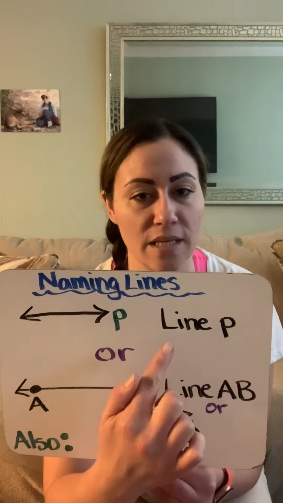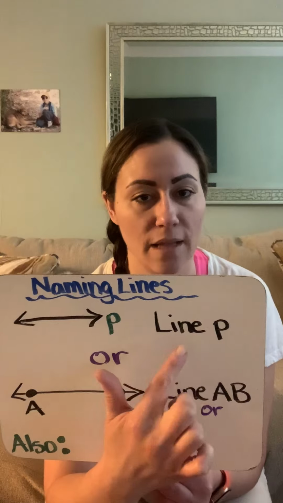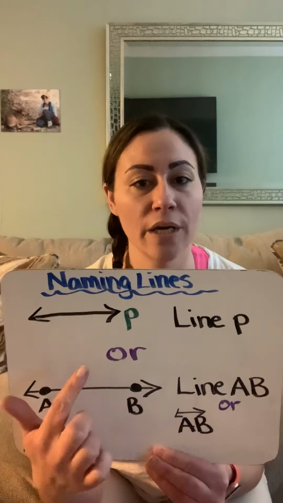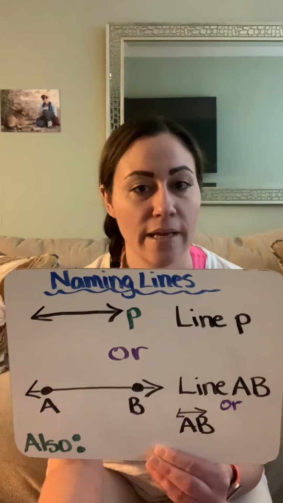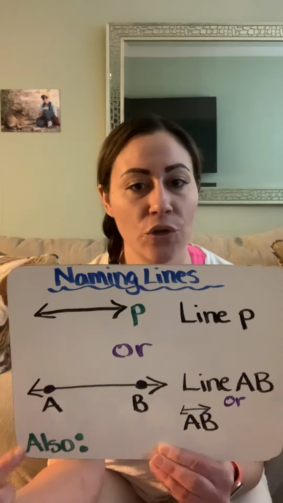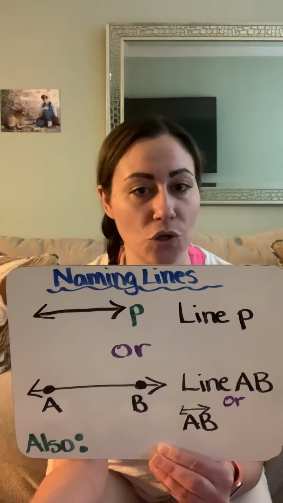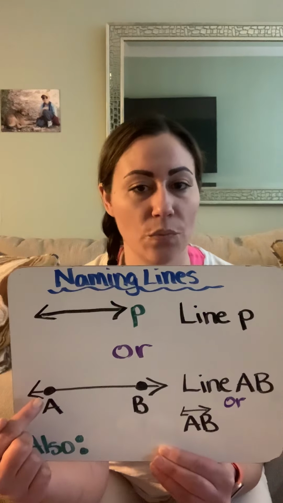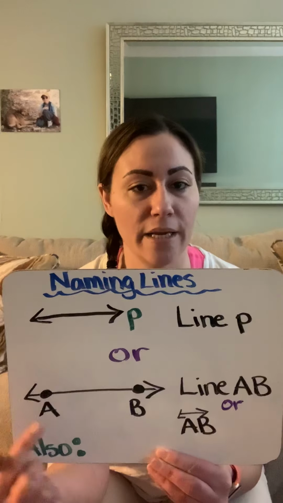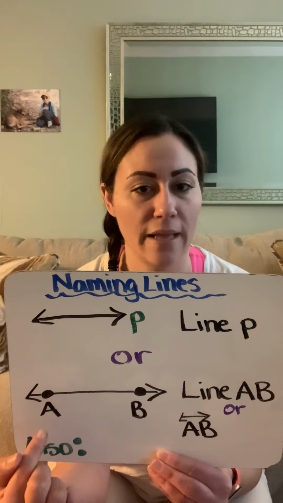You say what it is, it's a line, and then if it's only one letter, you write the letter there: line P. Or there's a different way to label and name lines. If you draw a line, you could make 2 points. A point is just a dot. It shows a location of something. So we can make a point at each end of the line and label them.